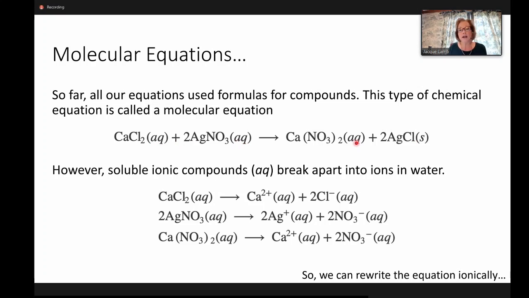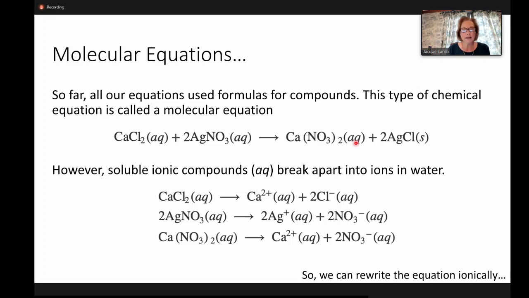Aqueous ionic compounds break up into ions when they dissolve in water. You don't have isolated calcium chloride units floating around in solution. What you have is calcium ions surrounded by water molecules and chloride ions surrounded by water molecules, all floating independently in the solution.